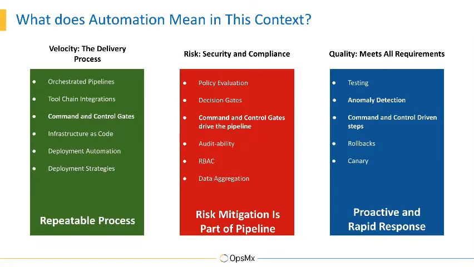We want to make sure that those command and control gates that we have put in place are actually first-class citizens. They're able to actually stop the pipeline if it warrants it. And then ultimately, we need to automate the process around anomaly detection. We need to make sure that we can do our rollbacks or roll forwards based on data-driven decisions, so that we understand not just, hey, this met the functional spec, but how is it operating?